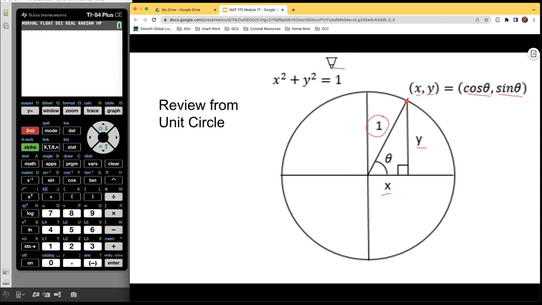We also have the Pythagorean theorem here that is related because we've got a right triangle. So all these things are connected as we go through understanding these connections between the unit circle and right triangles.